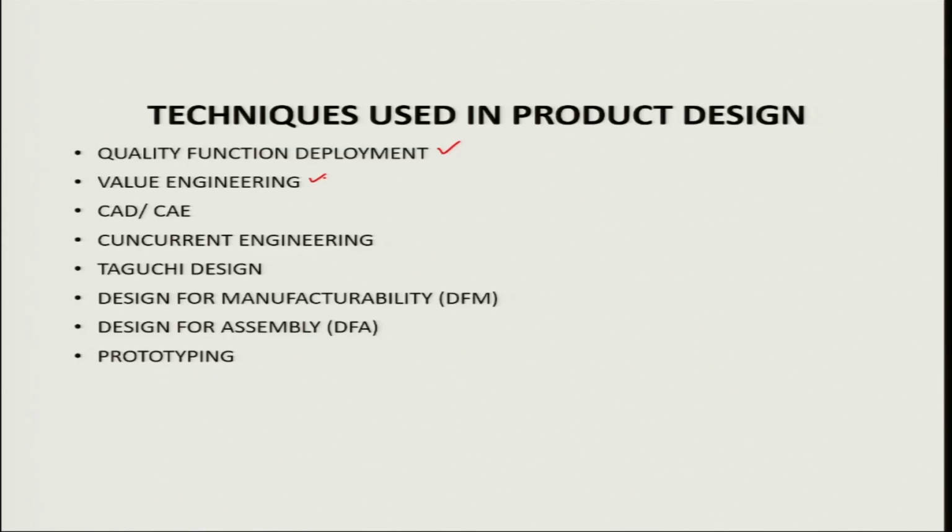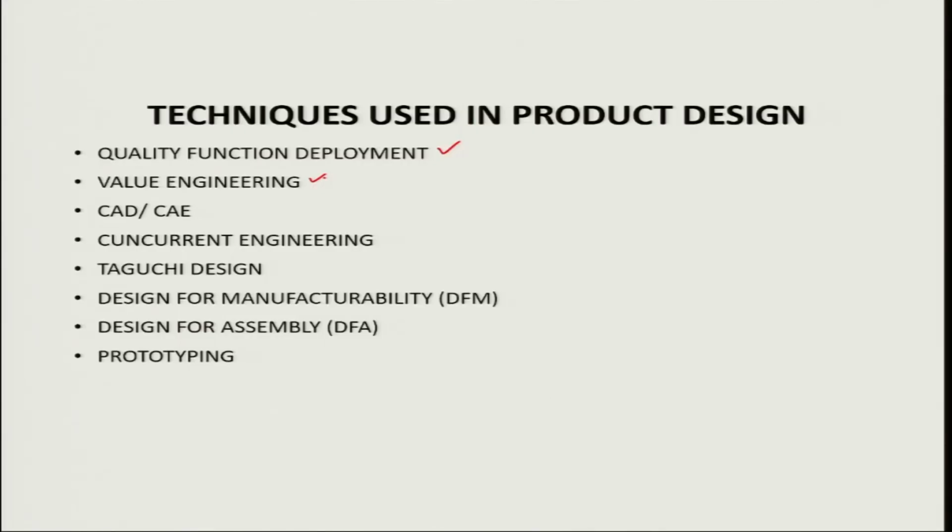Then there is concurrent engineering, which is also called simultaneous engineering. We have seen in the previous discussion that there are several stages from product development to the launch of the product. One way is to do all these steps in a sequential manner, one after another.